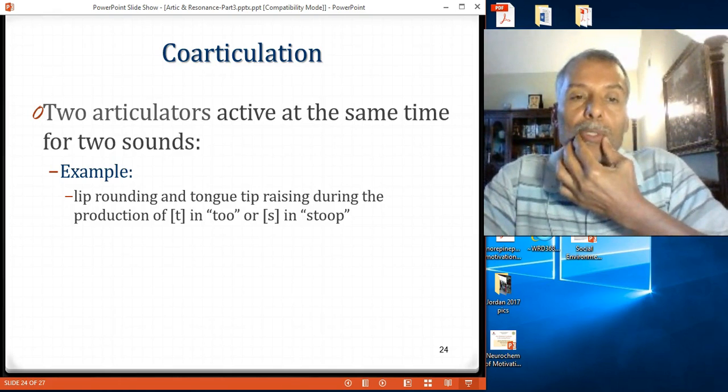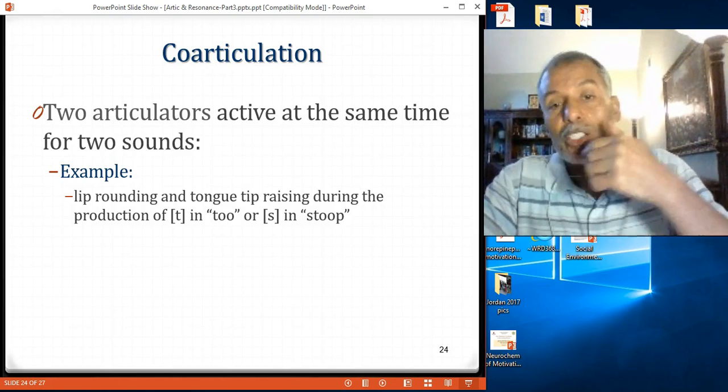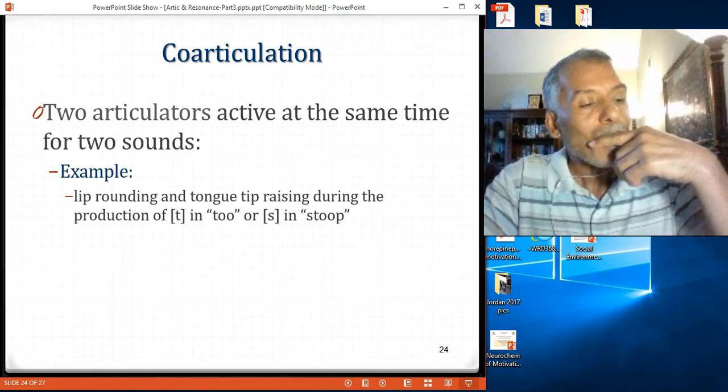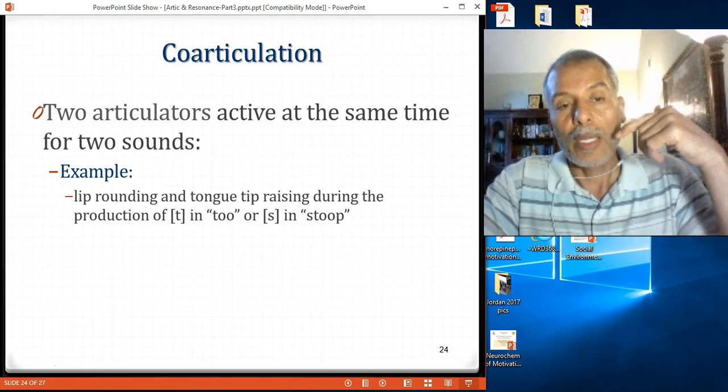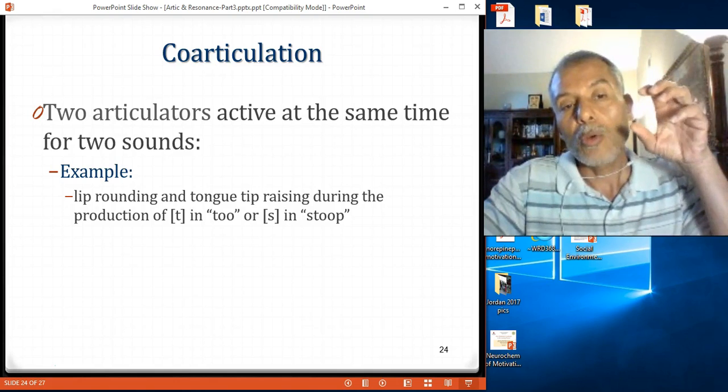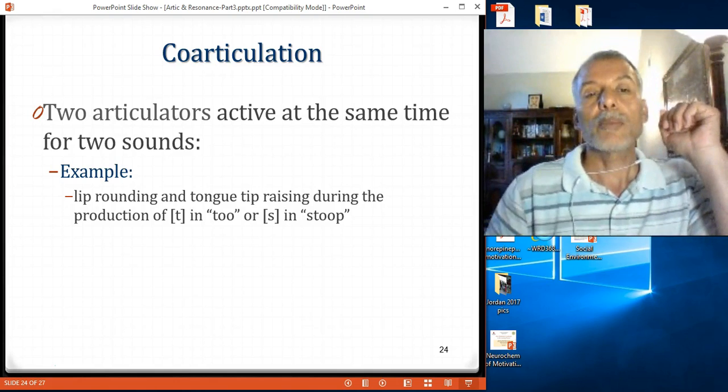So this is what co-articulation is. You anticipate a sound that is coming and spontaneously work on making both sounds at the same time.